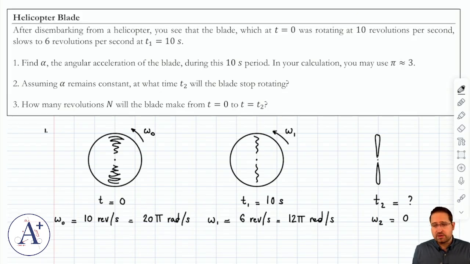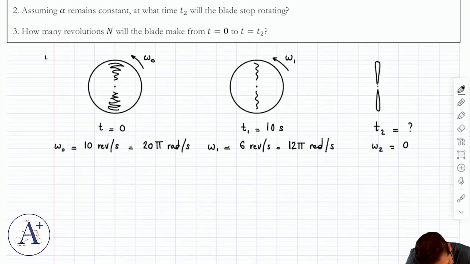We want to first find alpha, and we're going to assume, like we mentioned before, that alpha is constant. If alpha is constant, it's very easy to find by looking at what happens between t equals 0 and t1 equals 10 seconds. Alpha is just the change in omega over the change in time: omega final minus omega initial, divided by t1 minus 0.